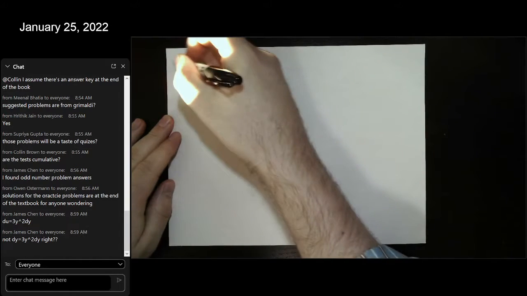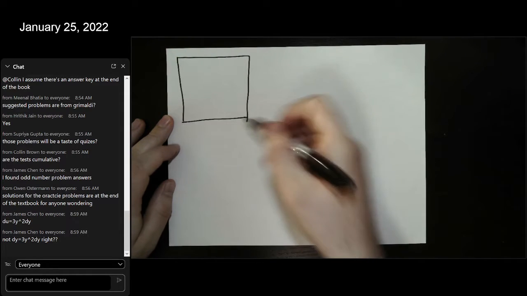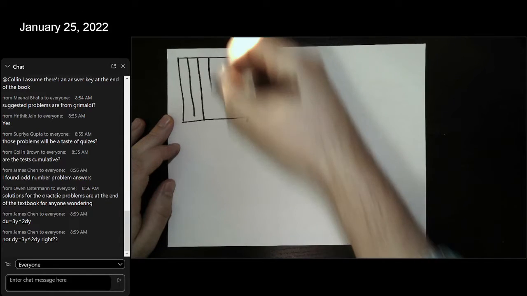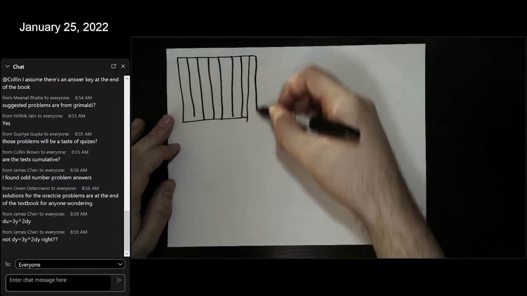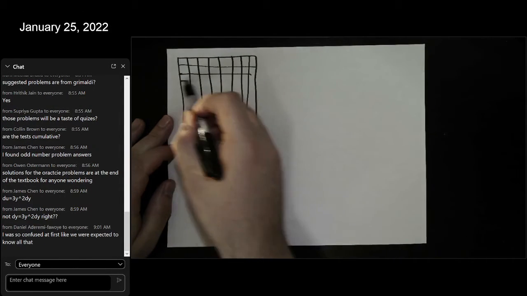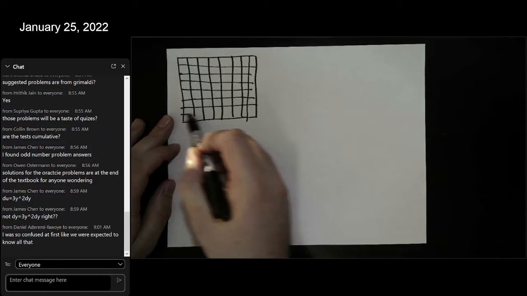Suppose we have a chessboard. It's an 8x8 chessboard.